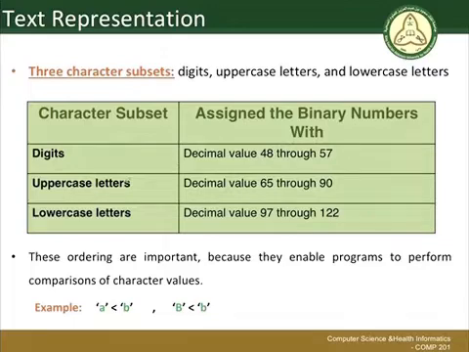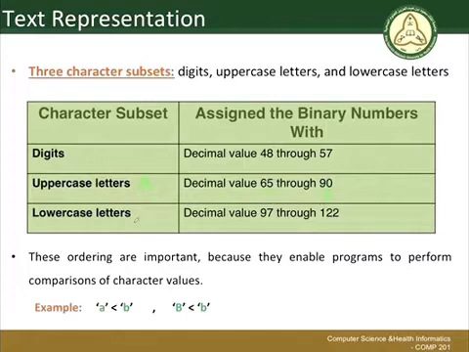In regard to the uppercase letters in ASCII, if I take the capital A, for example, and convert its binary code to decimal, it's going to give me 65, and the Z is going to be 90.